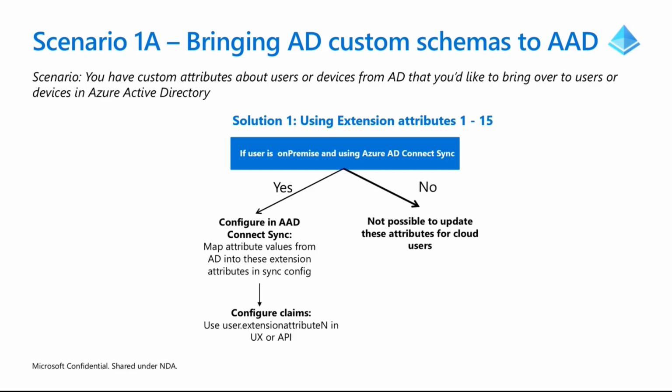That means you cannot rename them. They are fixed names, and whatever value you populate, you have to have an understanding and mapping of it on your side. But they appear as extension attribute 1 through 15. In your graph, you can see it. Also on the user object, you can see it, through PowerShell or through API or through claims.